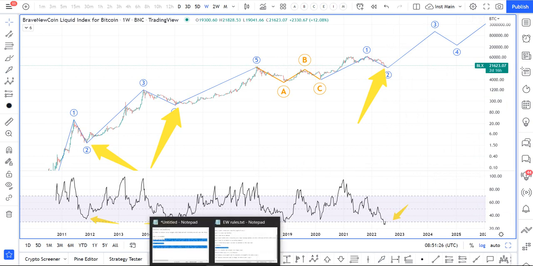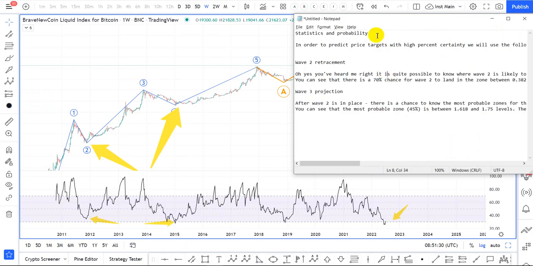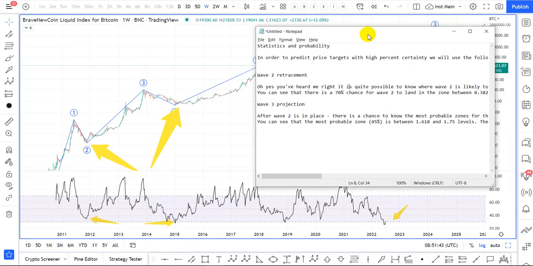Also, let's go ahead and I will show you another interesting thing, statistics and probability. Since Elliott wave is a method that has been used for decades, a lot of people found some statistics and they find how you can predict the most probable zones for different wave points to land.